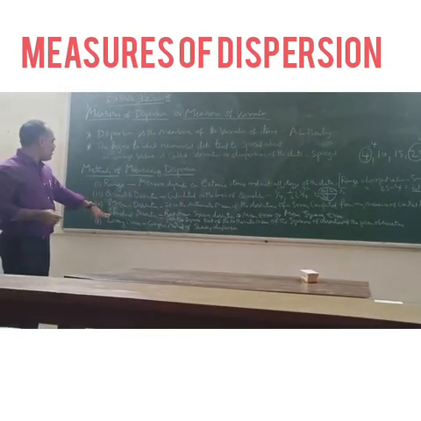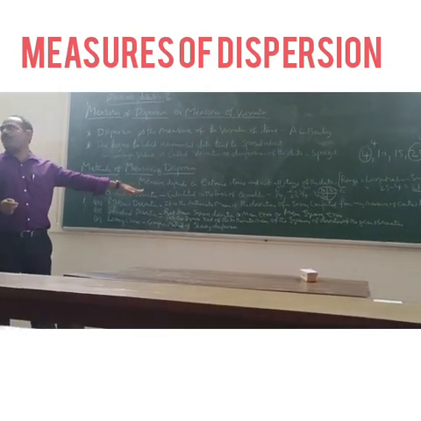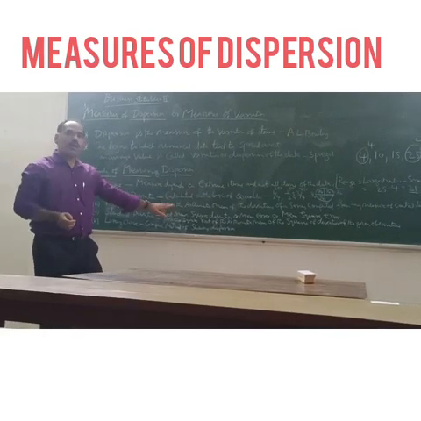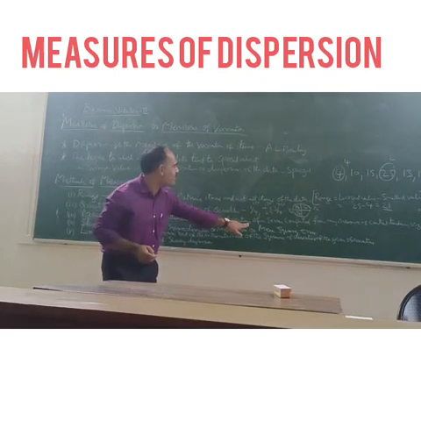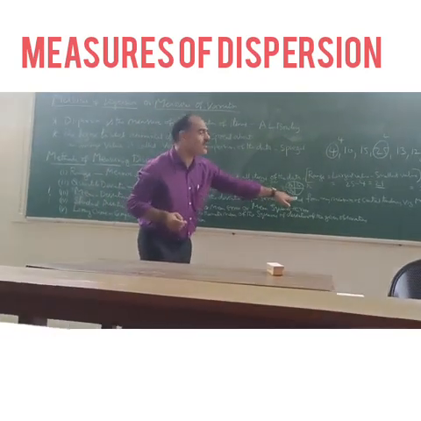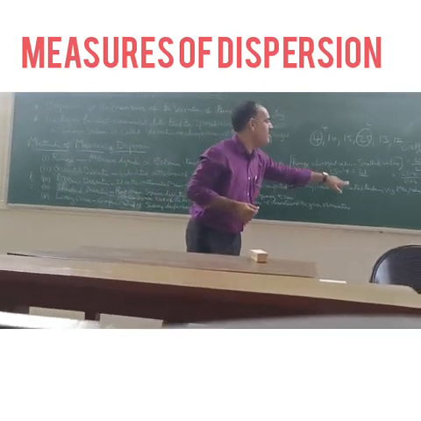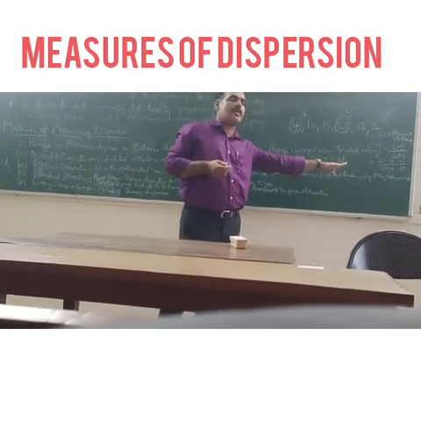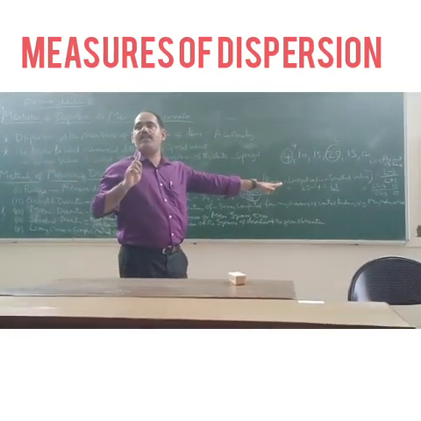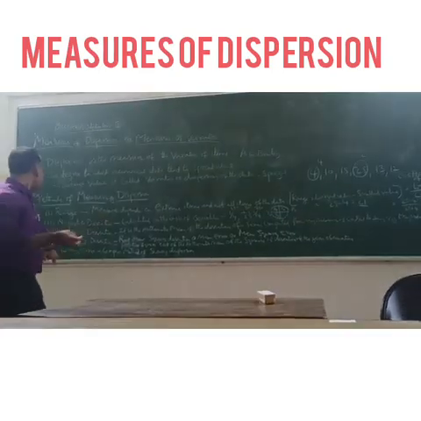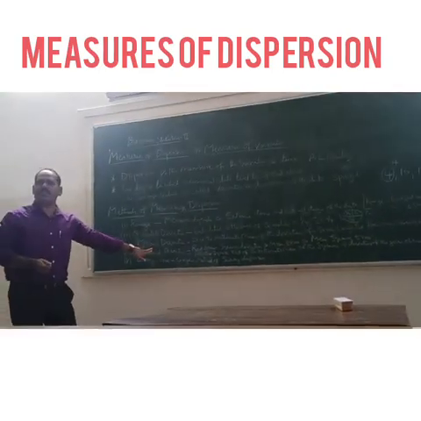Then one more is mean deviation. Mean deviation is the arithmetic mean of the deviations of the series computed from any measure of central tendency. It may be mean, median, or mode. It is called mean deviation. Then you also have standard deviation.